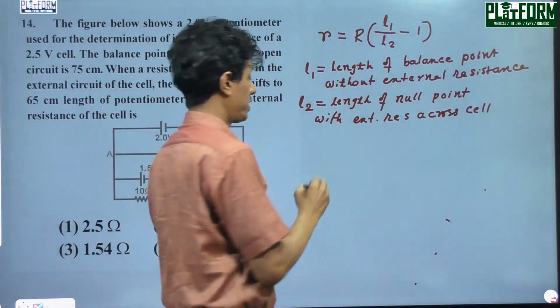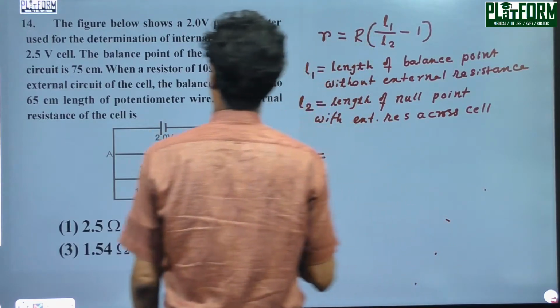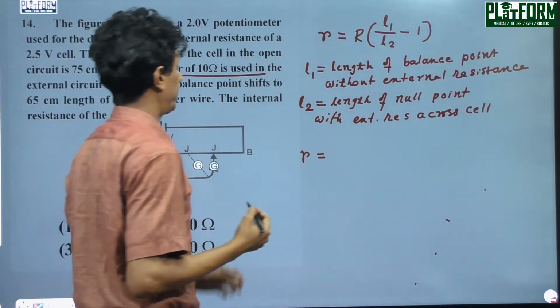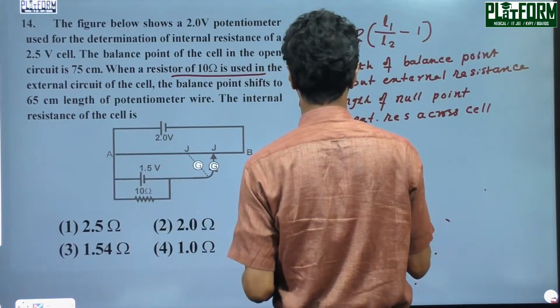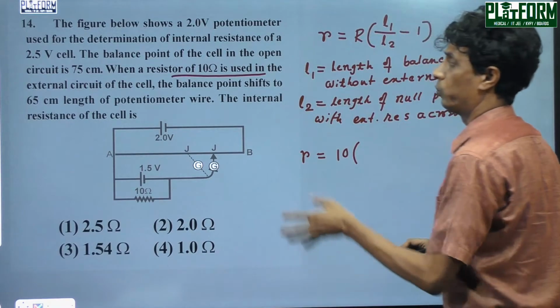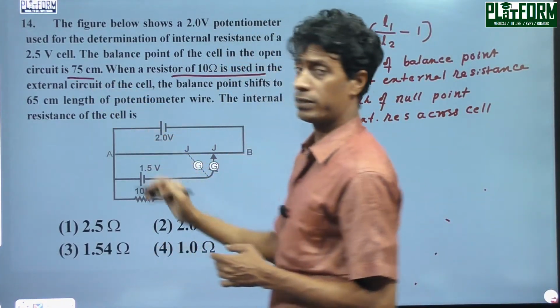So the internal resistance R is equal to external resistance across the cell, and the null point is 65 centimeter and external resistance is 10 ohm, and without external resistance the null point length is 75 centimeter.